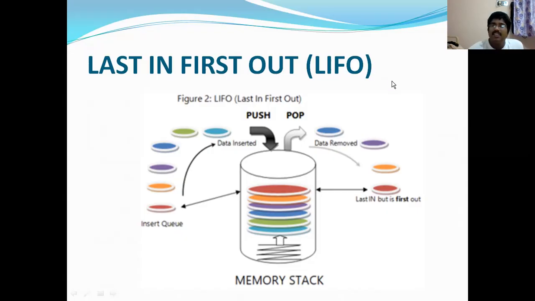For example, if I have inserted 1, 2, 3, 4, 5, 6 elements, consider 6 arisas, then the stack pointer will always be at the 6th position. Whenever I insert one more arisa, the stack pointer will move from 6th position to 7th position, because it is the top element. Whenever I insert the 8th arisa, the stack pointer will move from 7th position to 8th position.